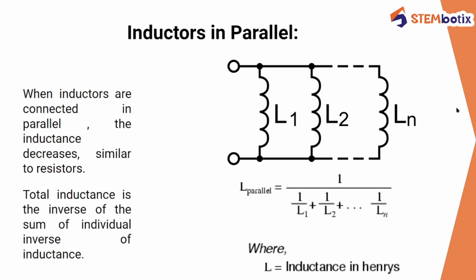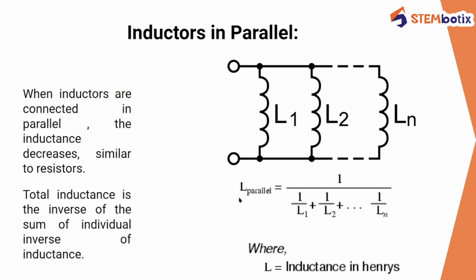Now inductors in parallel. Parallel connection means the circuit elements share more than one common node. As you can see here, they share this common node and also this common node. Hence, this representation illustrates a parallel connection. L1, L2 up to Ln are connected in parallel.